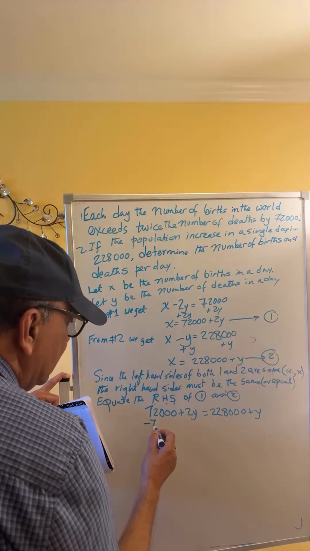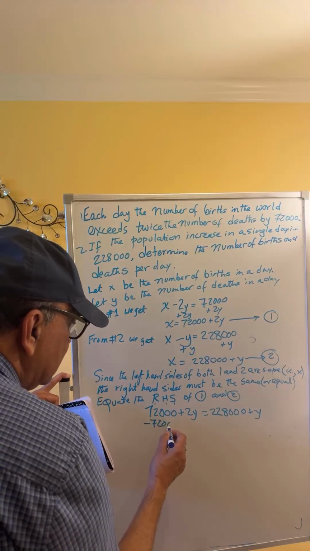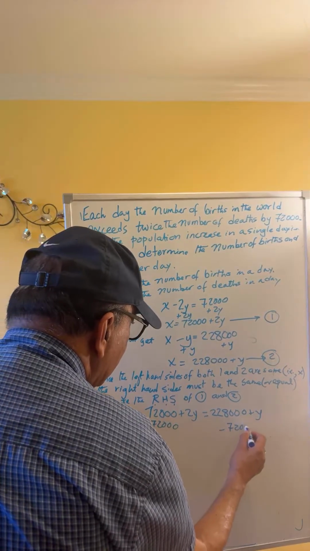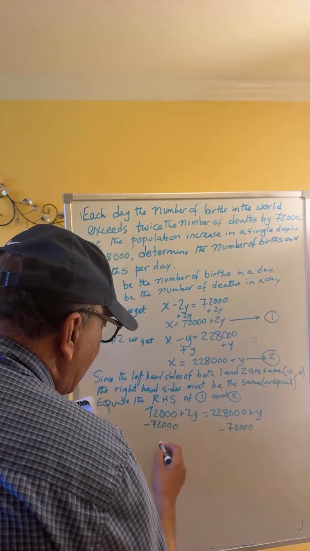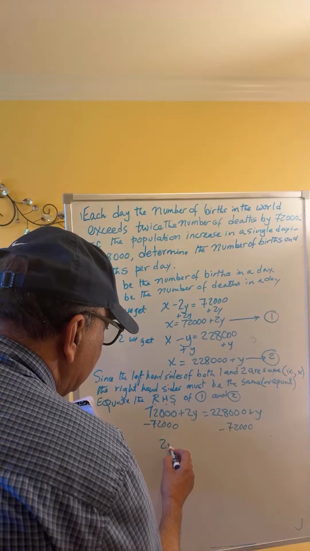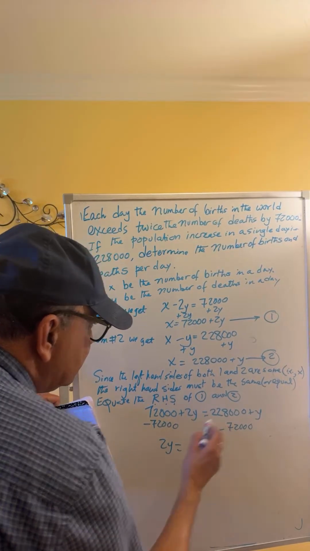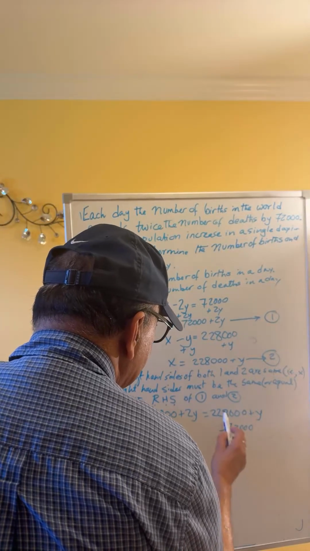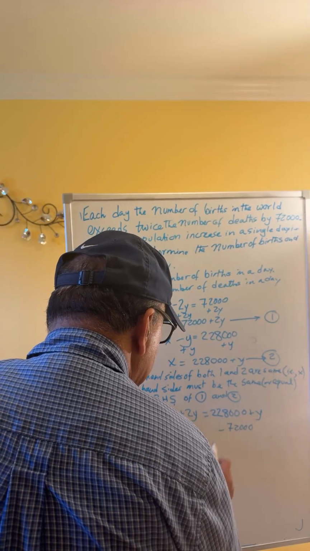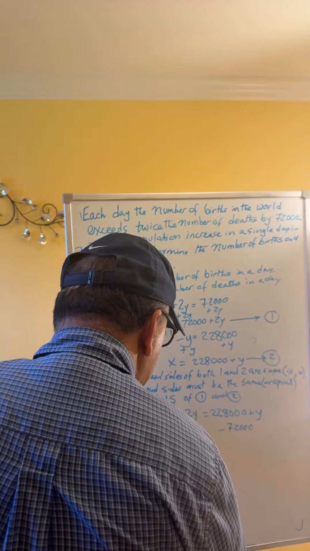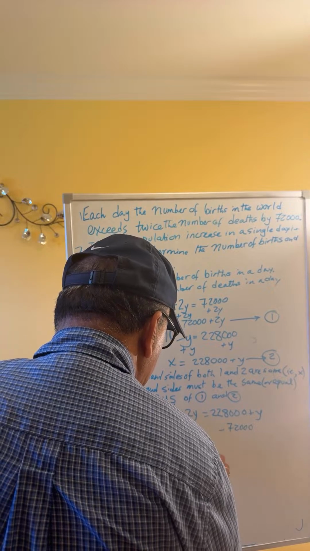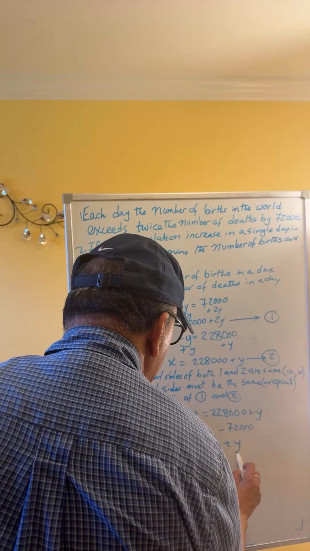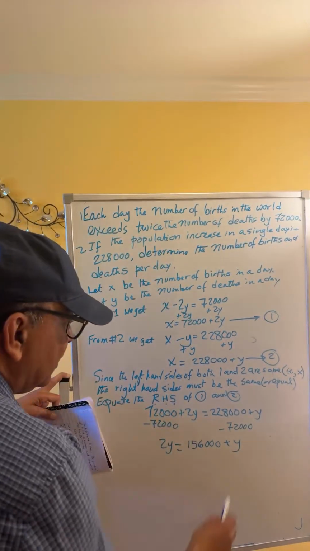So we will subtract 72,000 on both sides. So that way we will be left with 2y equal to 228,000 minus 72,000, which is 156,000 plus y. Do not forget the plus y.